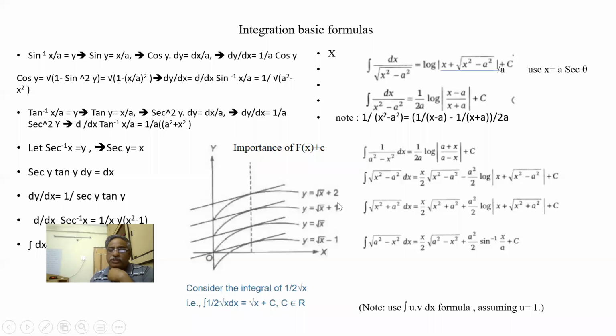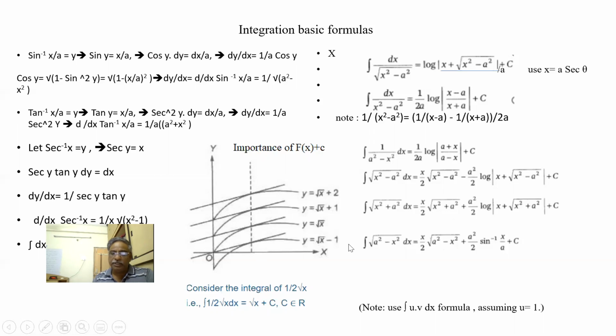So suppose I am doing integration of 1 by 2 root x dx, it is equal to root x plus c. Integration of 1 by 2 root x dx is equal to root x, because the differentiation of root x is 1 by 2 root x. So I have given 1 by 2 root x directly, so root x plus c.